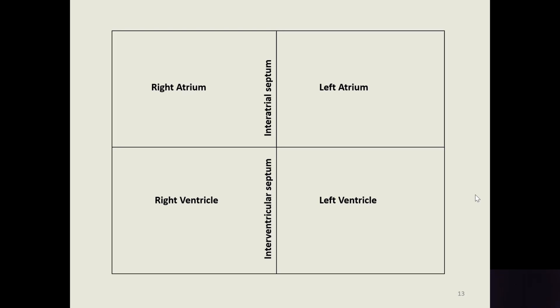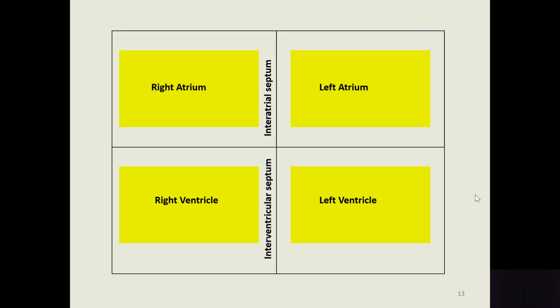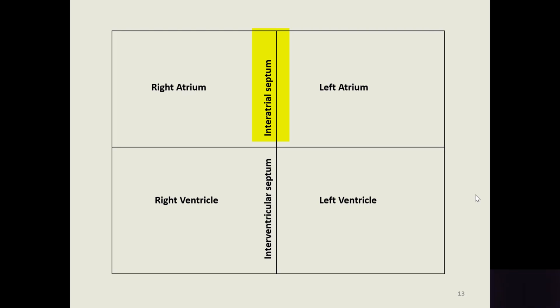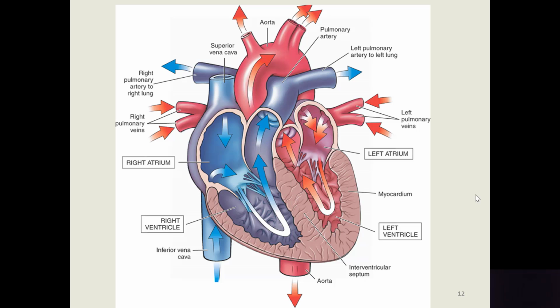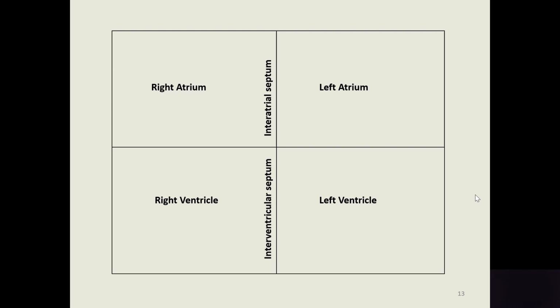So at the top are the 2 receiving chambers, a right atrium and a left atrium, and the bottom is a right ventricle and a left ventricle, and the separating walls in between, the interatrial septum and the interventricular septum. So I'm going to go back to this crazy chaotic picture, and you can see there's a right atrium, a left atrium, a right ventricle, and a left ventricle. And this is my simplified version.